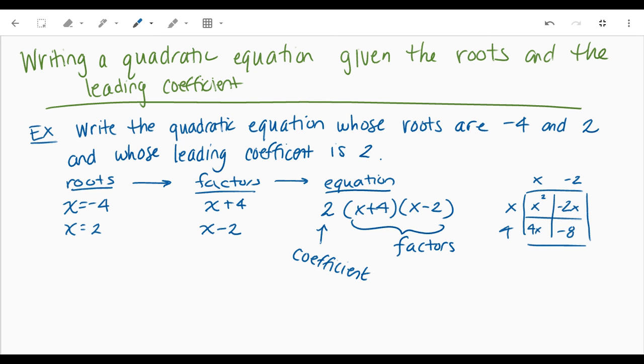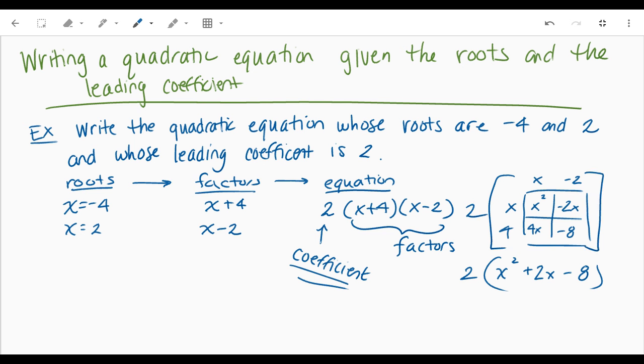So we'd have x squared plus 2x minus 8. Okay, and then we can't forget our coefficient there. We have to multiply everything by 2. So we'd have 2x squared plus 4x minus 16, and remember that's all equal to 0.